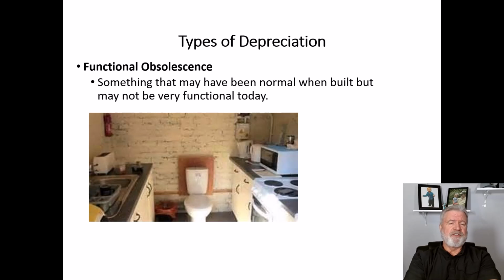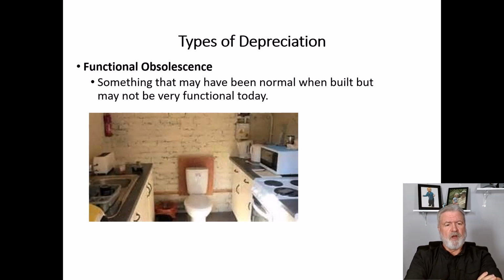But today it's just not considered very functional. For example, the open floor plans, that seems to be the big deal nowadays that buyers are looking for. We want a wide open floor plan. So you walk into a house and you got a lot of rooms and they're all shut off, narrow hallways, and that could be considered today a functional obsolescence.